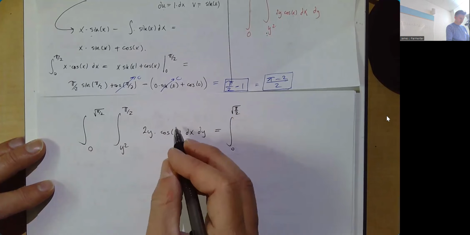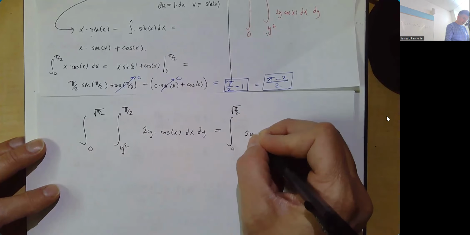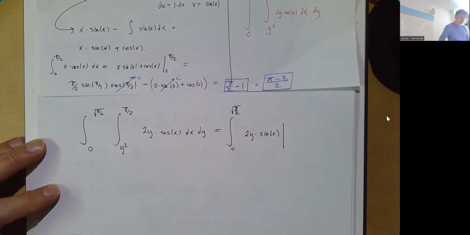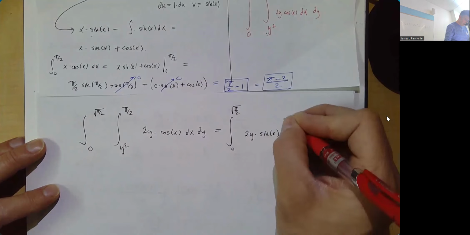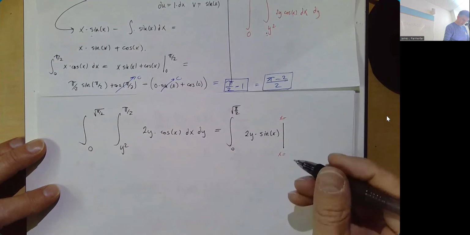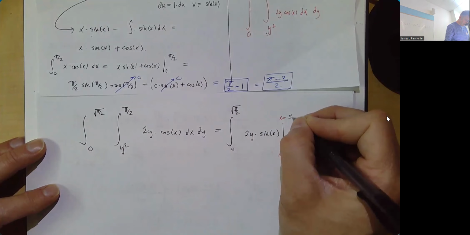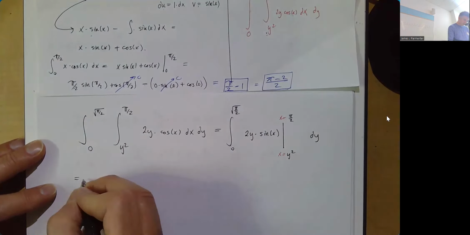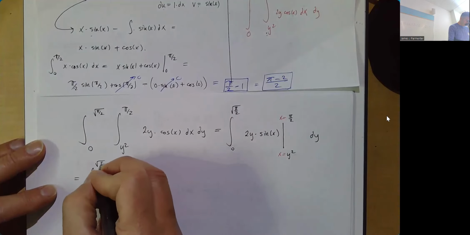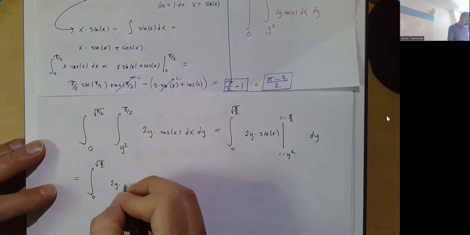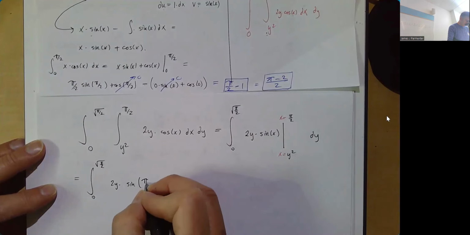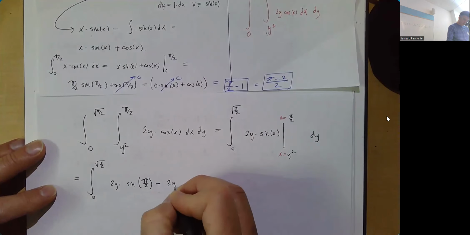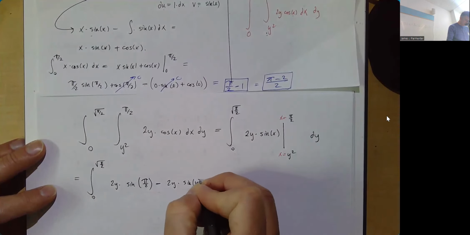The antiderivative of cosine of x is sine of x, so we're going to get 2y times sine of x, evaluated between x equals y squared and x equals pi over 2, dy. Plug in: integral from 0 to square root of pi over 2, 2y times sine of pi over 2, which is 1, minus 2y times sine of y squared.